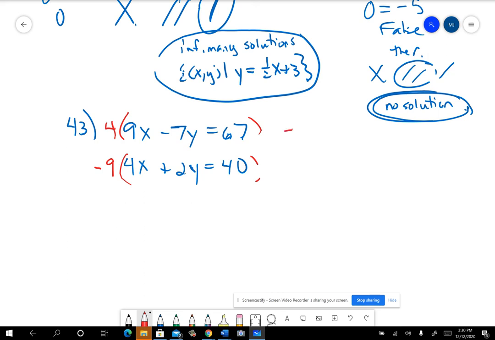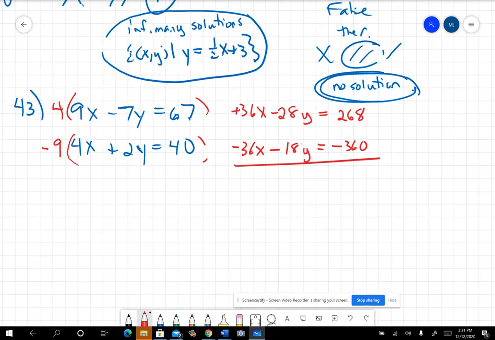So the top equation becomes 36x minus 28y equals 268. The bottom one becomes -36x minus 18y equals -360.